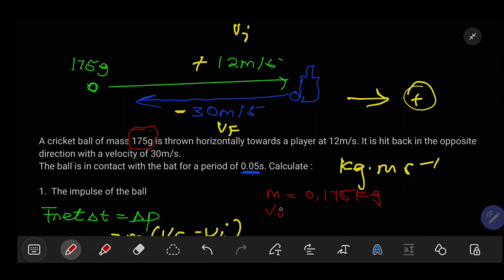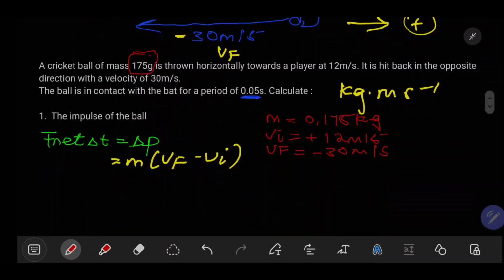And then our V initial is positive 12 meter per second, and our V final is negative 30 meter per second. Okay, now we can calculate the change in momentum of this ball.